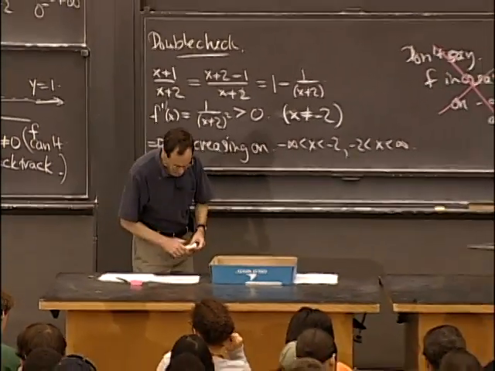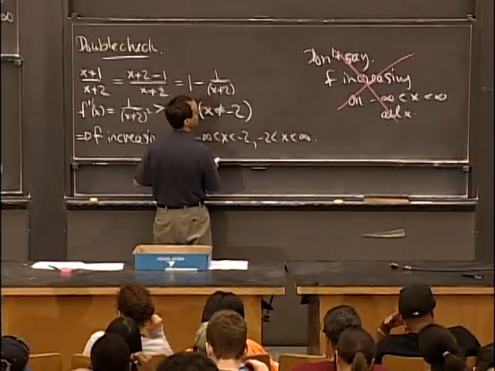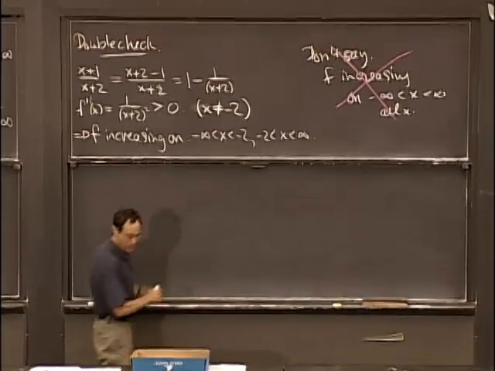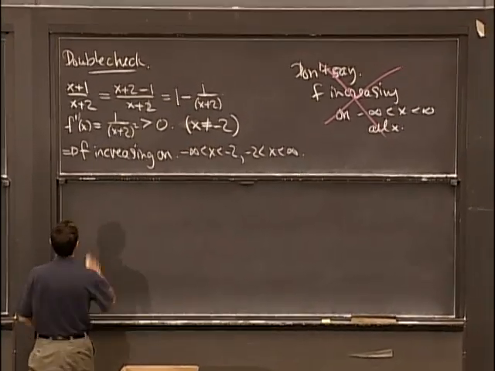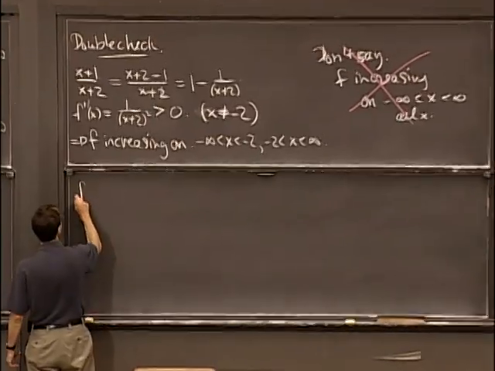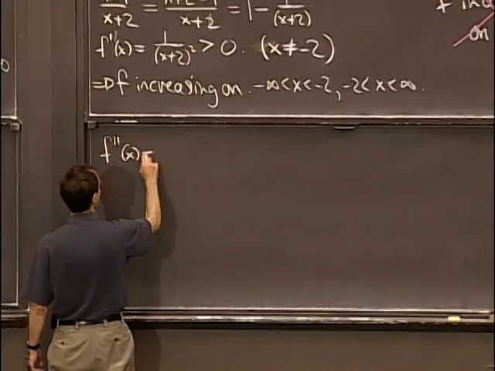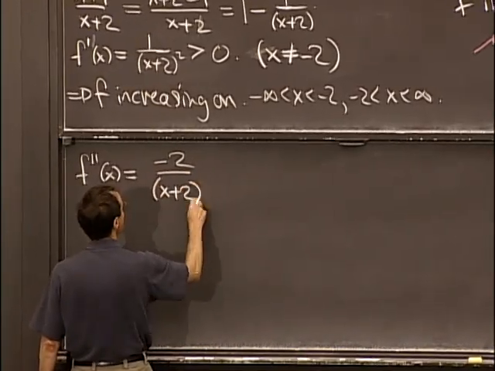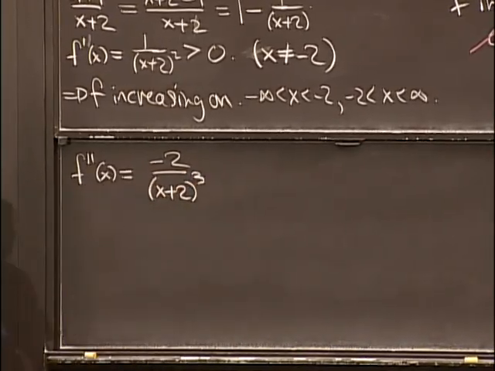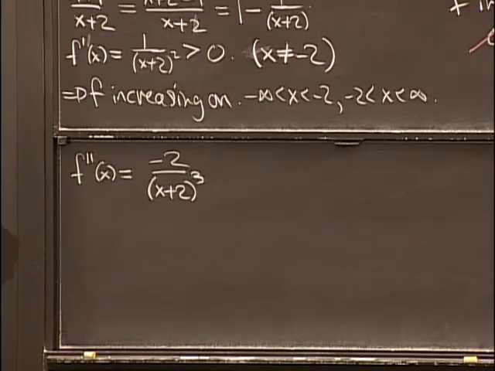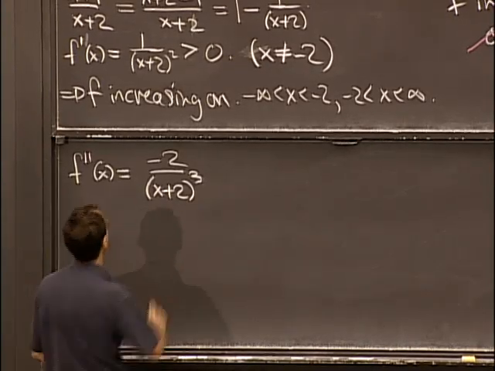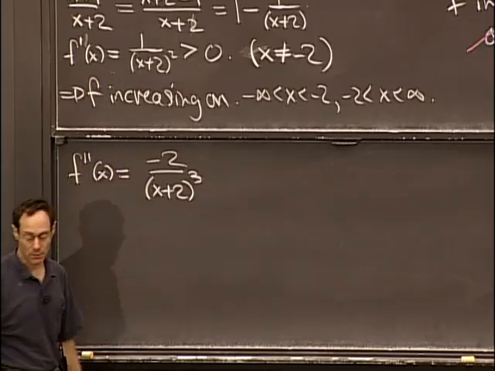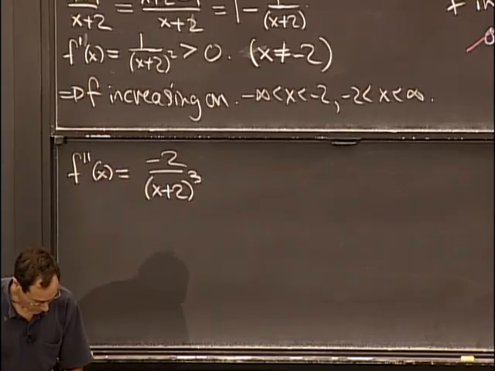And now there's just a little bit of decoration as well, which is the role of the second derivative. So we've written down the first derivative here. The second derivative is now negative 2 over x plus 2 cubed, right? So right, I get that from differentiating this formula up here for the first derivative.